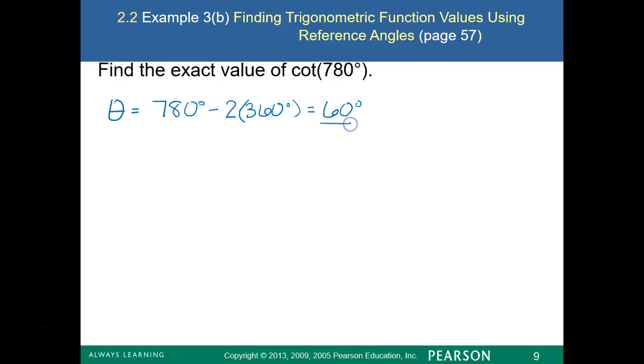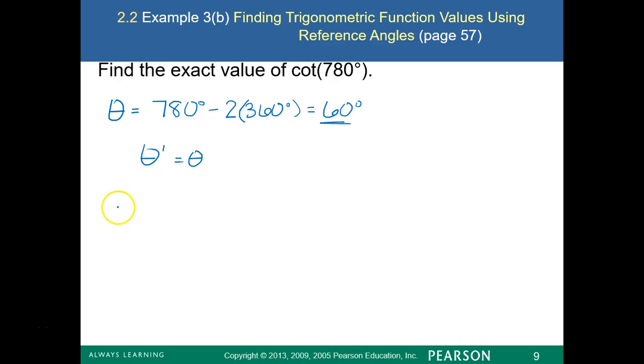Well, for 60 degrees, we don't have to find the reference angle because it is an acute angle. It lies in the first quadrant. The reference angle for something that's in the first quadrant is going to be the same.